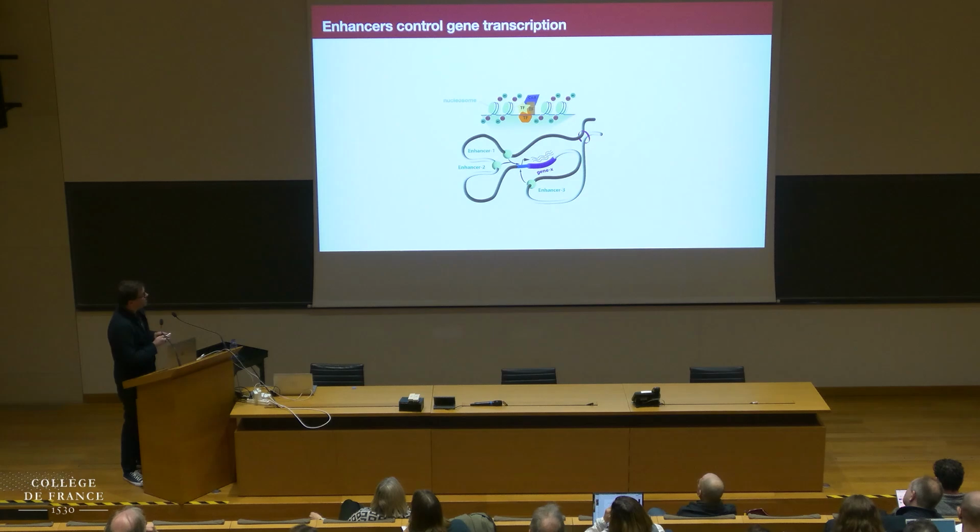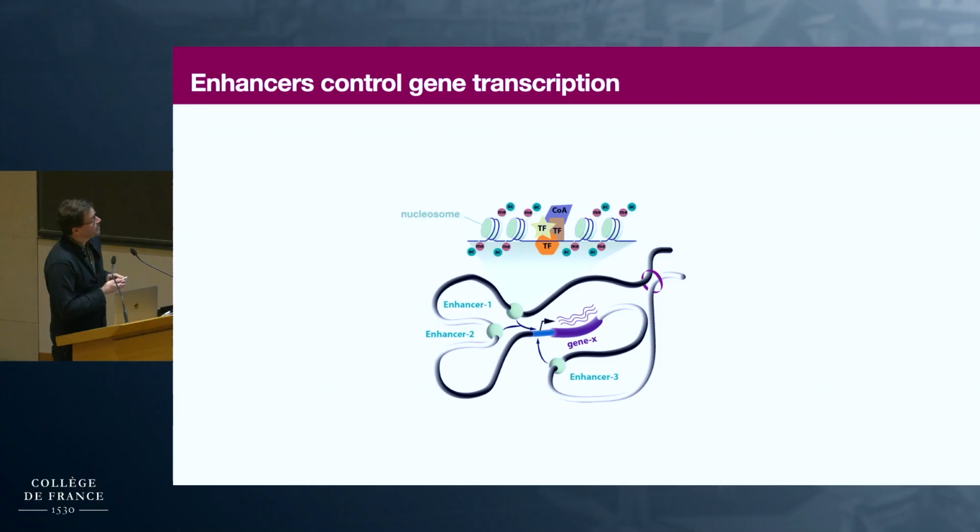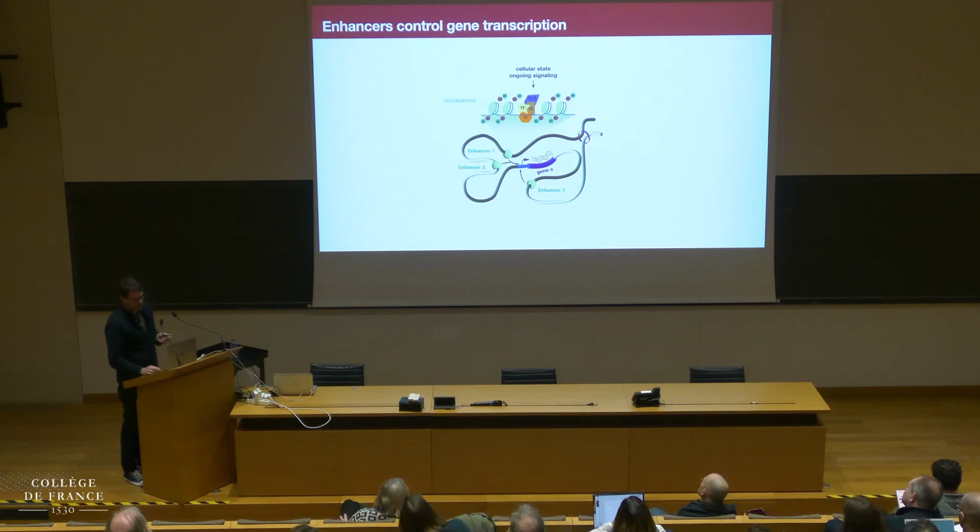Every one of these enhancers is a little stretch of DNA that is packed with nucleosomes, and it is able to bind transcription factors. This is a key event because these transcription factors reflect either a specific cellular state, a cellular identity, or, for example, an ongoing signaling in the region. When they bind, they act as a platform that will then transmit this information to the promoter they regulate.